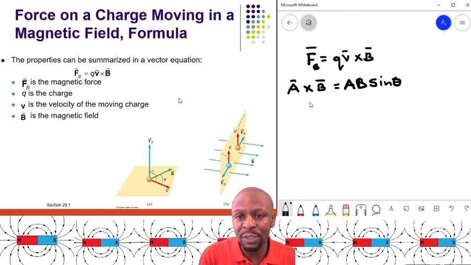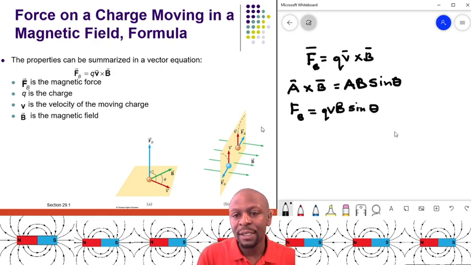Now, for the magnetic force, the magnitude of the magnetic force will therefore be given as q v B sine of the angle between them. Right.